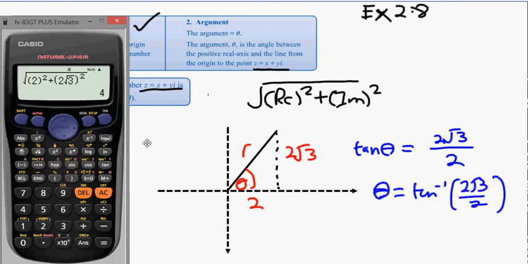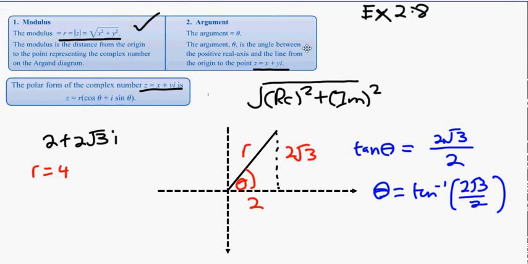So we go shift tan inverse 2 root 3 and divide that by 2. We find it's 60 degrees. Okay, so theta equals 60 degrees.